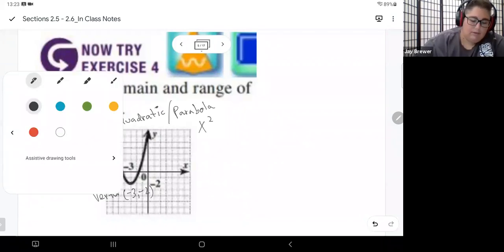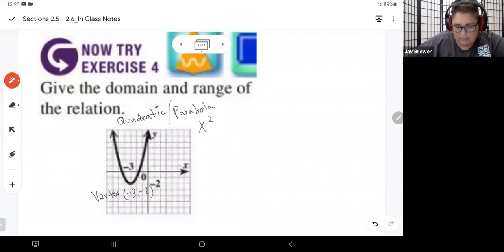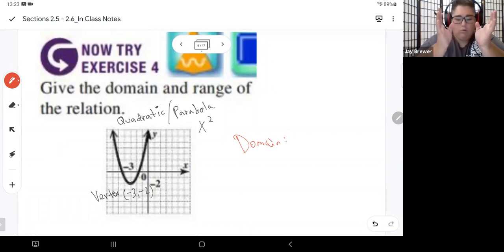So if we wanted to determine our possible x's for this function, I want you to tell me where do you have anything that you cannot have? In other words, if you look at this function, is there anywhere that it doesn't exist? These two arrowheads here mean that it goes on forever.